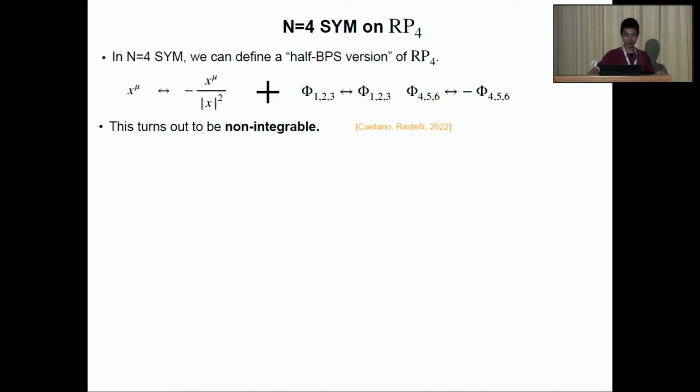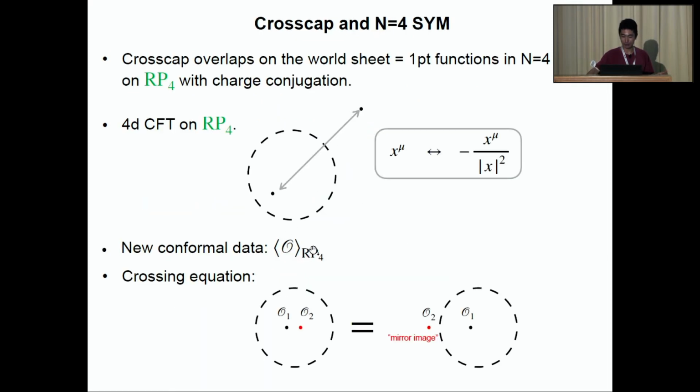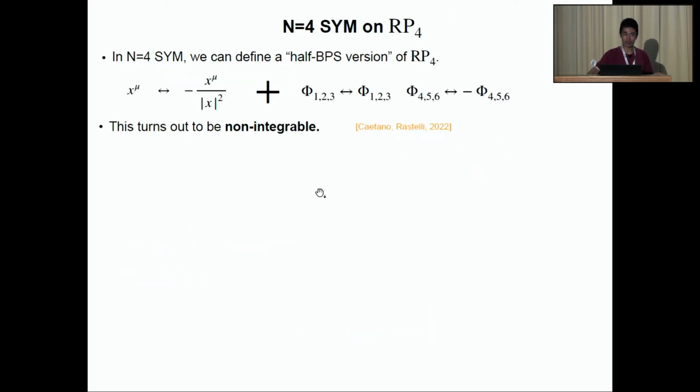But if you just do this identification and compute a one-point function, you discover that this leads to a non-integrable setup. There is nothing nice happening if you do the computation of the one-point function.